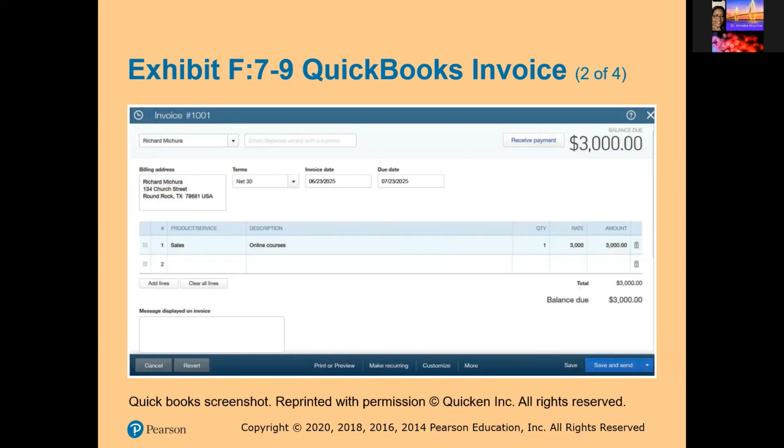Here again, you see an invoice that we discussed earlier. Smart Touch Learning creates the invoice for Richard Mature for $3,000. An invoice includes various items such as the customer's name, the customer's address, and the invoice number.